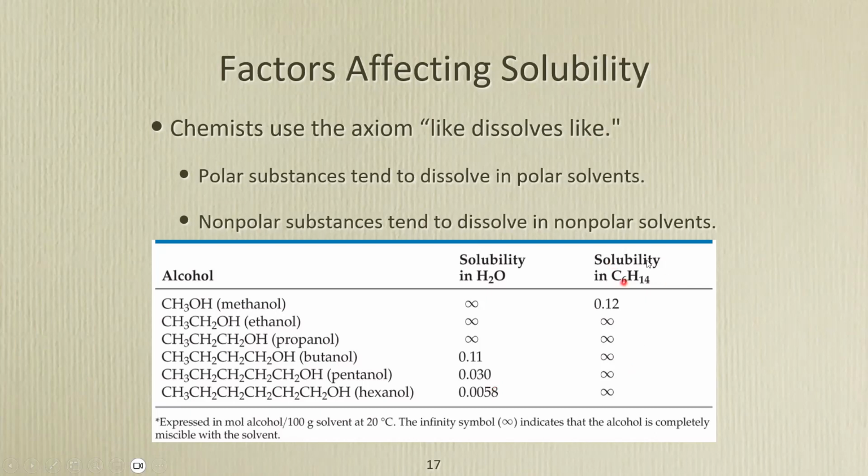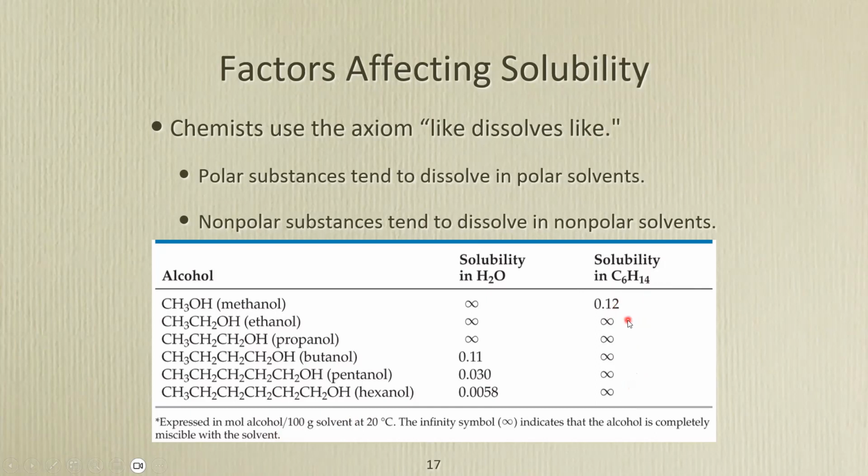Whereas in hexane, which is a nonpolar solvent, it's just a string of carbons with hydrogens attached to them. It's going to be completely nonpolar. So as we go down this list, the solubility increases. And that's why initially with methanol, which is the most polar of these, we can only dissolve 0.12 moles of that substance in 100 grams of hexane.